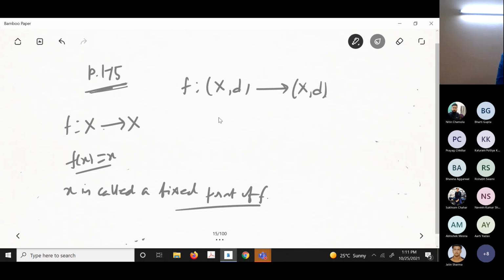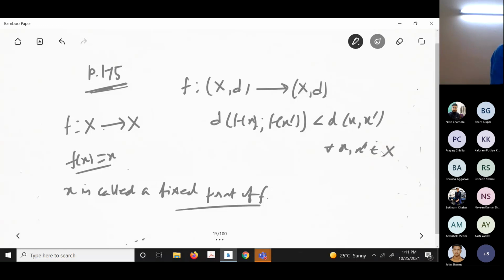Here he is saying, suppose you have d(f(x), f(x prime)) less than d(x, x prime) for all x prime belonging to X. Suppose you have a function. Such a function is not unusual, it happens.